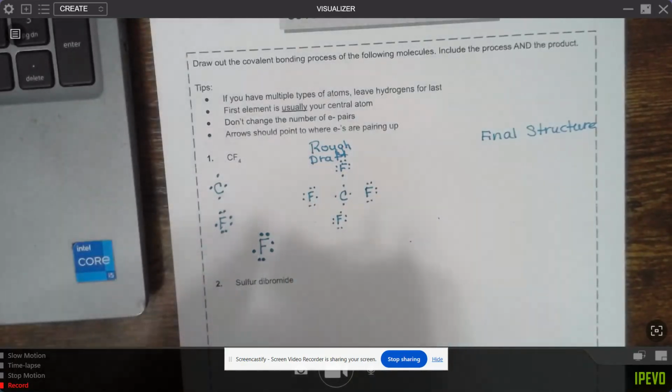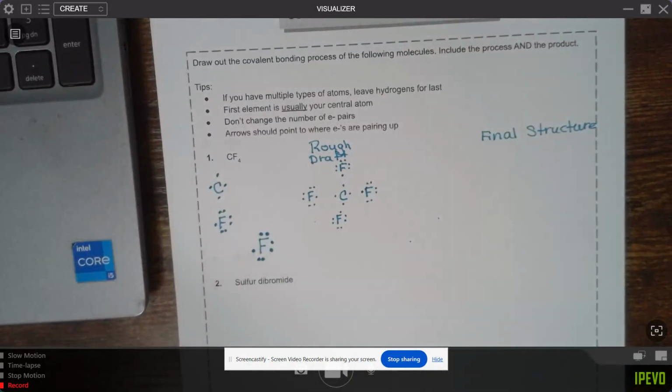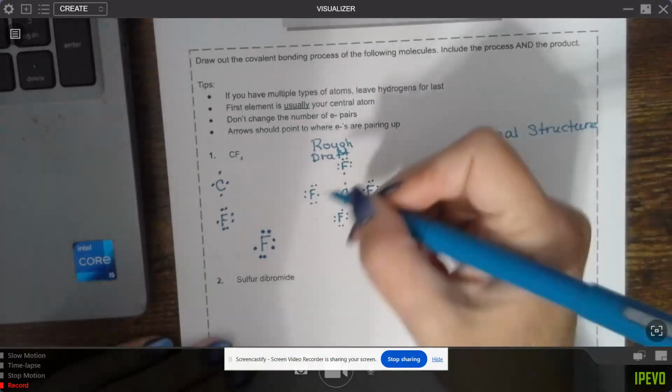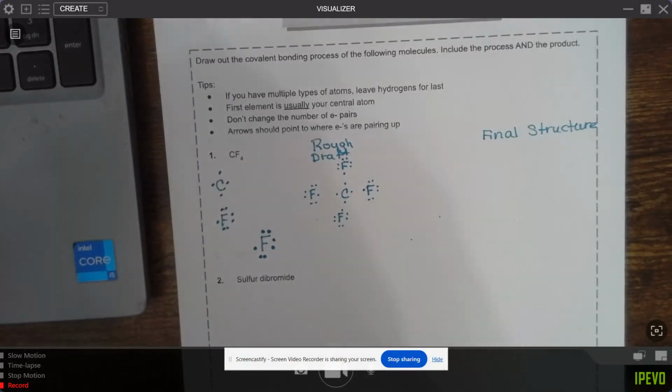Okay, and when you do this, you notice, oops, I forgot an electron there. When you do this, you can set it up so that your bonds all align, okay? But if you didn't set it up so that your bonds all align, that wouldn't be the end of the world either, okay?